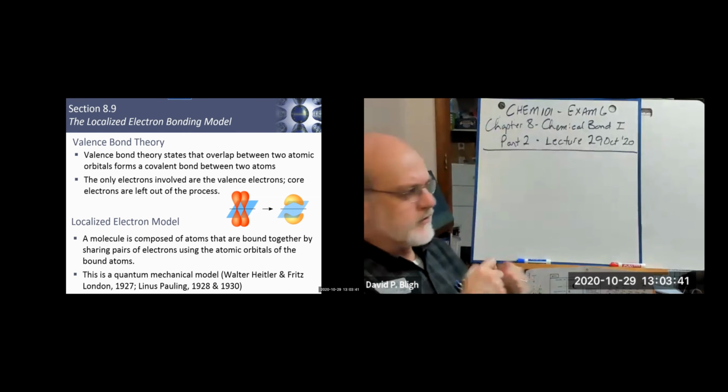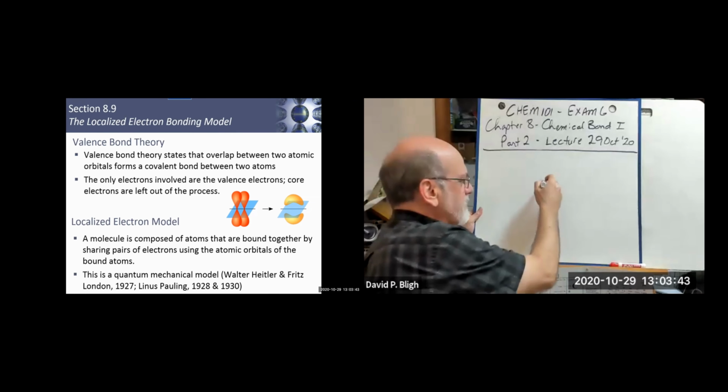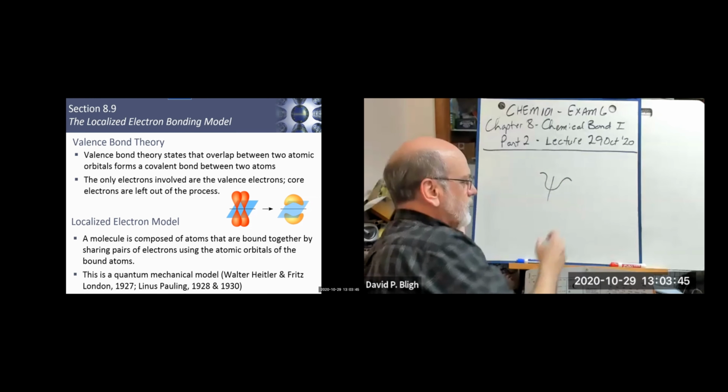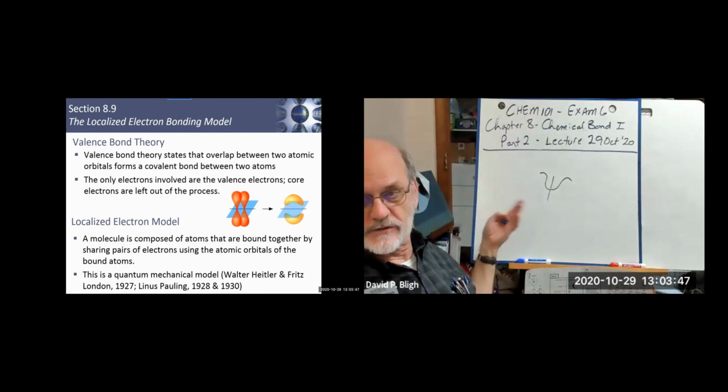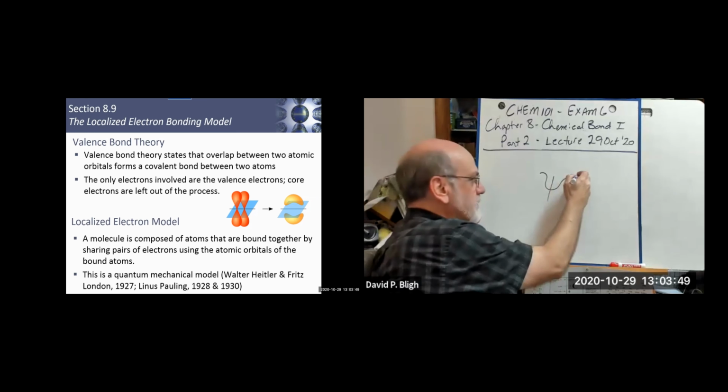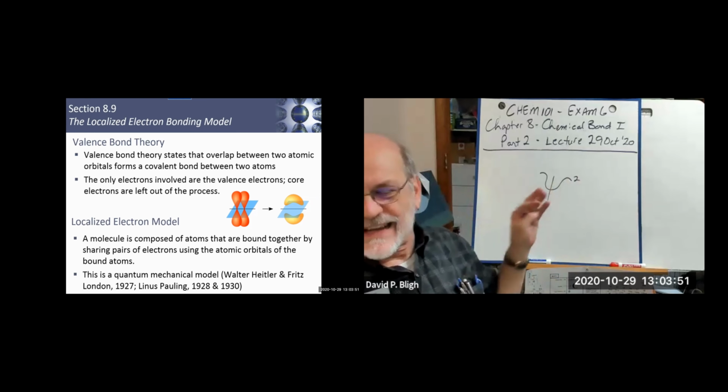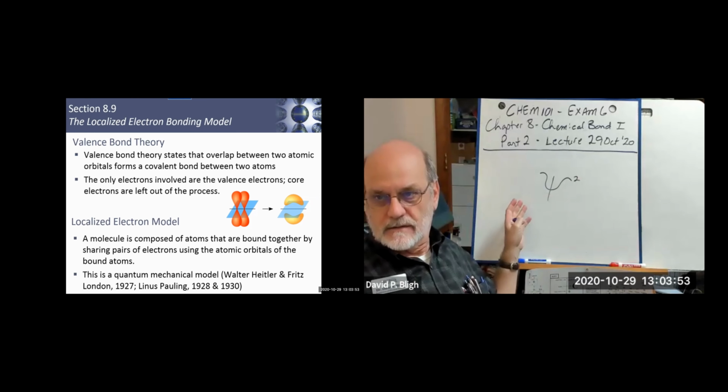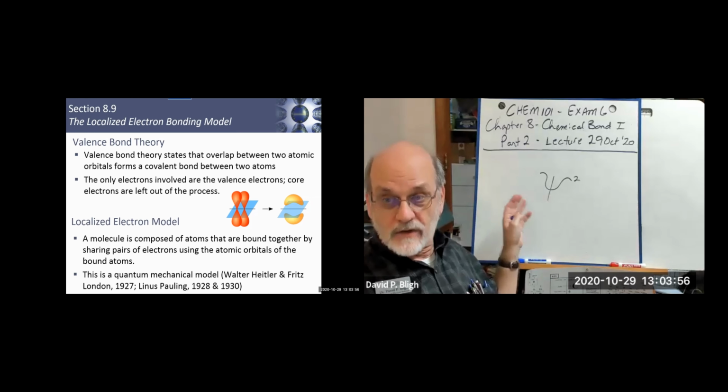So you remember Schrodinger's equations come out with a value of psi. That's a Greek letter psi. And if we square it, that gives us an indication of the electron density around an atom.